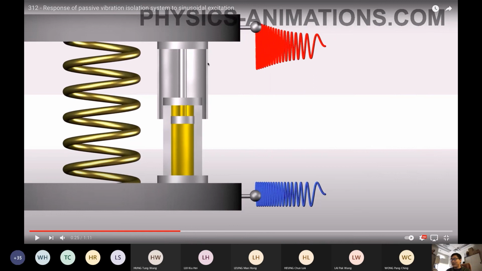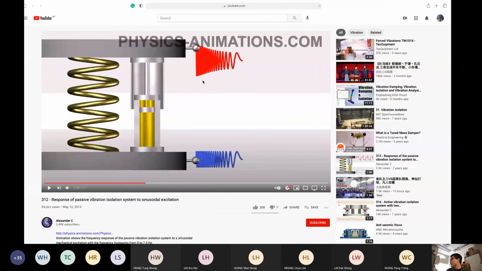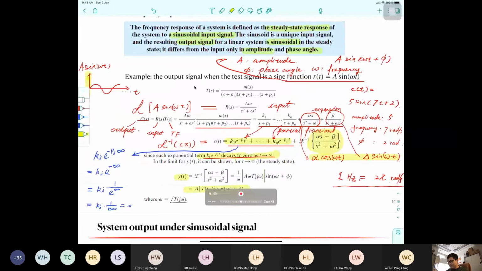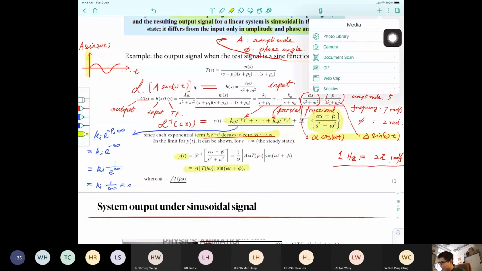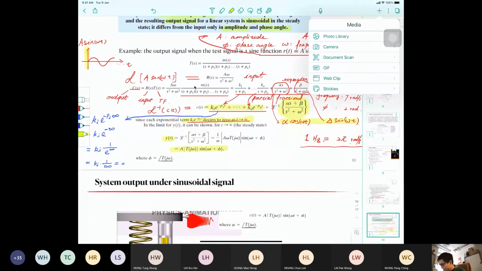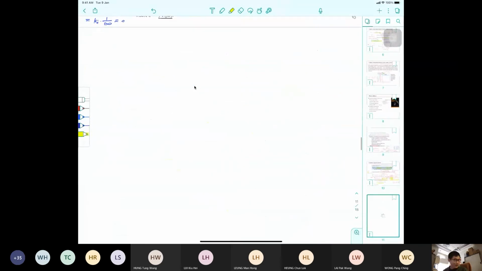We turn back. Wait a minute. What does in phase mean? OK, no. So what is in phase, and out of phase?